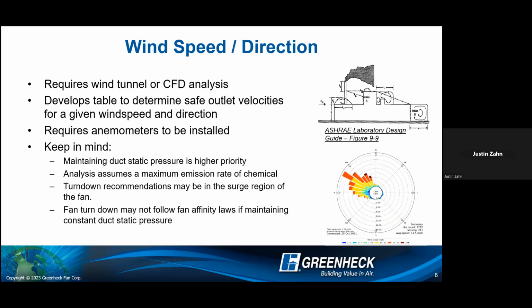And again, we know it's safe. But for those that want to push back on that 3,000 feet per minute rule, we say, you're more than welcome to go get a wind-wake analysis. Basically what that is, for those of you who do not know, is, let's say these fans are going downtown Atlanta. Obviously, there's a lot of buildings around.